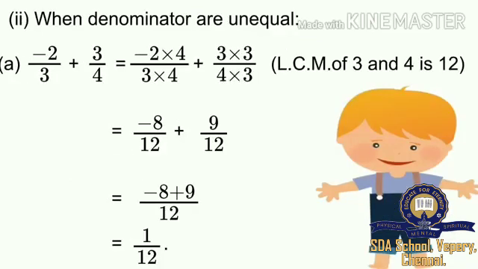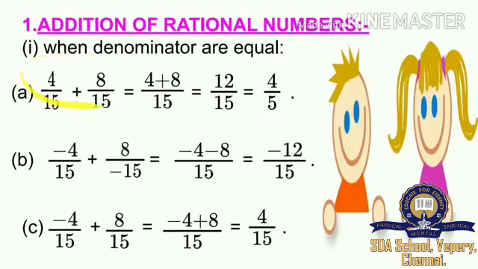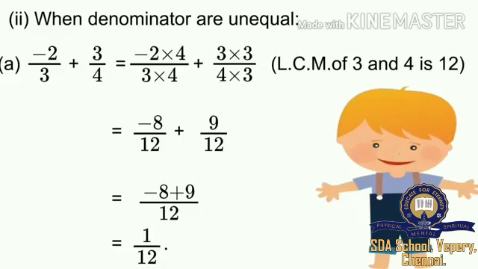And the other case, when denominators are unequal. If the denominators are unequal, first we should take the LCM. If we take the LCM of 3 and 4, the answer will be 12. 3 into 4 is 12. And we do the sum as before.